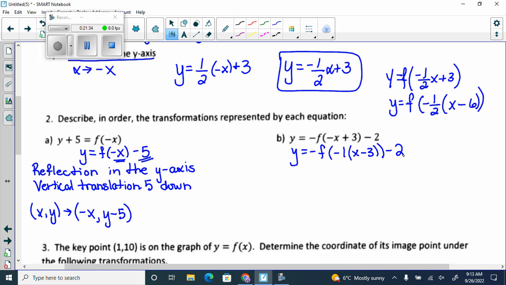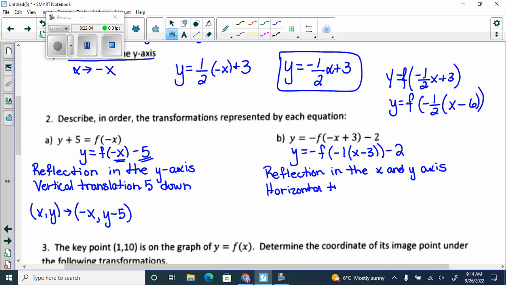So if you don't have any stretches, we do have reflections, so we can actually put these together. We can say a reflection in the x and y axis. And then the horizontal or vertical, doesn't matter which one you start with.